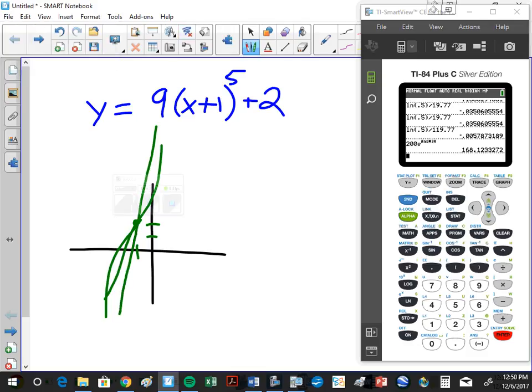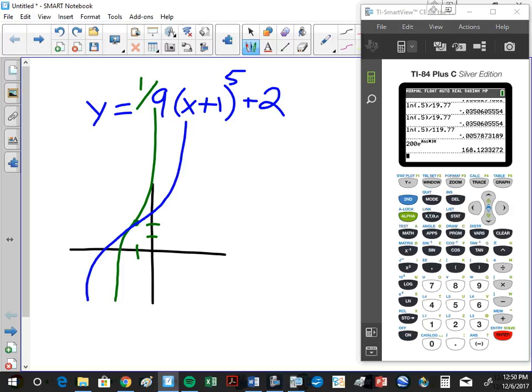It doesn't even look like it has a curve to it. So it would be something that looks like that, very, very tall. What if I put 1 over 9? Then it would appear wider, and actually we would say it's shorter, but it would look something like that. Okay?